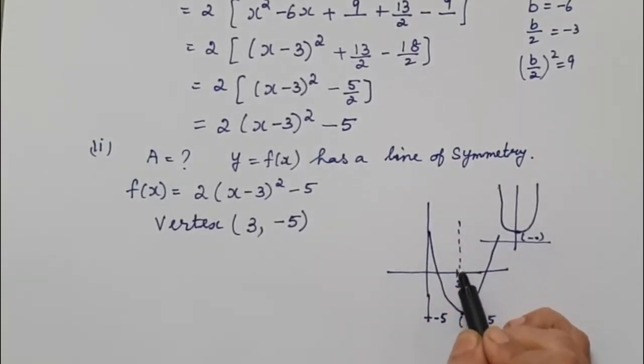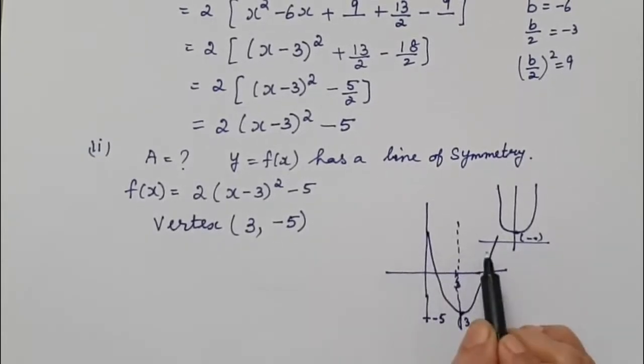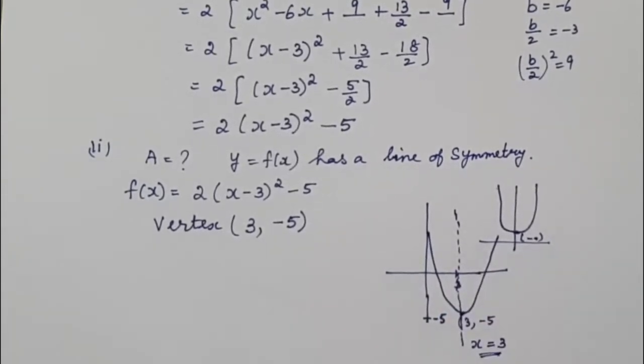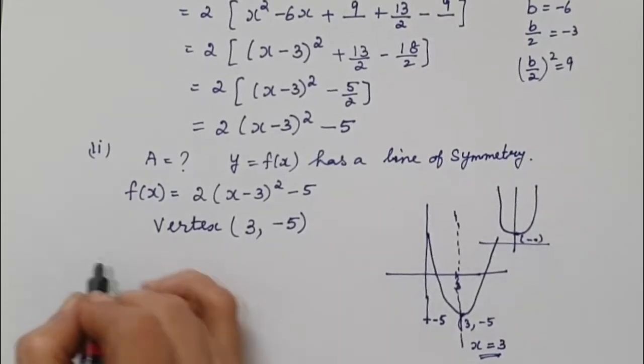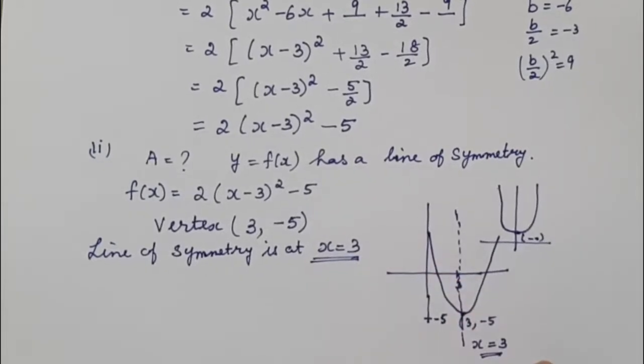Suppose I draw a line like this, automatically the curve gets split into 2 equal parts. So this is our line of symmetry. The way we write this line, it passes through the x axis at 3. So x equal to 3 will be the line of symmetry.